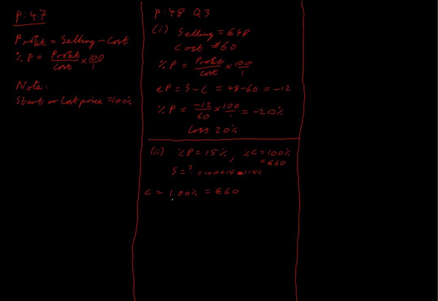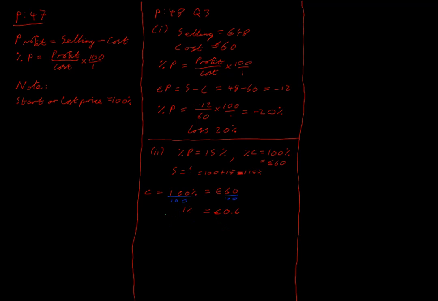So what we're going to do, start out with 100% of our cost price is €60. 1% of our cost price, well, how are we going to get that? We are going to divide both sides by 100. This is a normal equation. Divide both sides by 100. And we'll find that 1% of our cost price is €0.6.